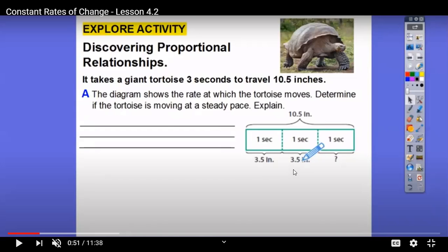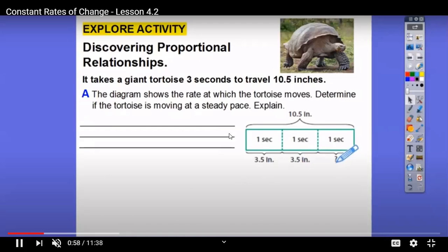If you subtract 10.5 minus 3.5, then the answer will be equal 3.5 to find the distance at the third second.